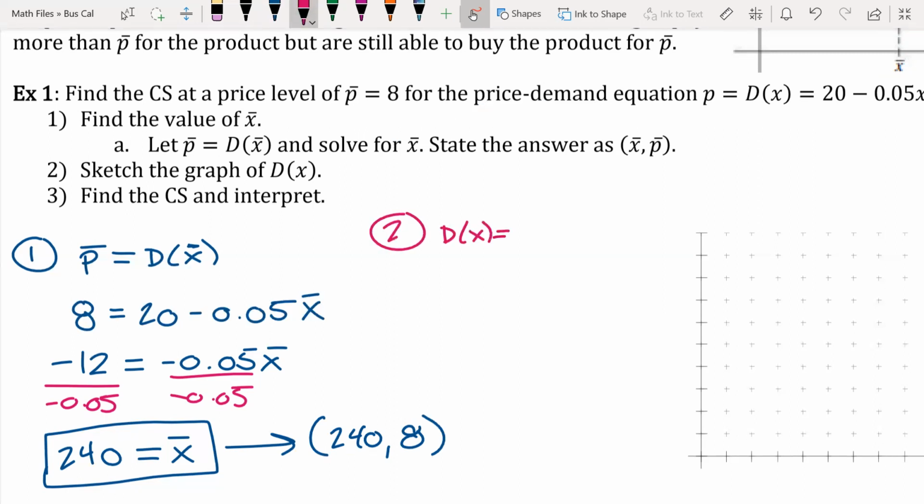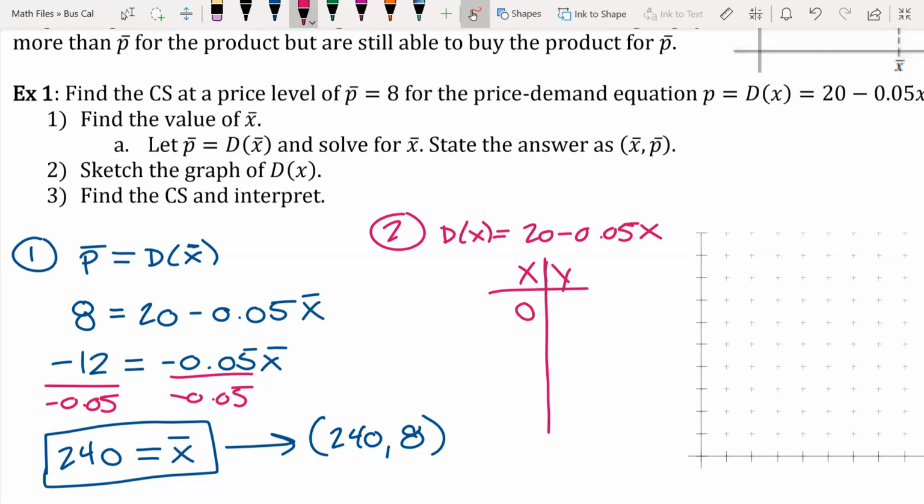If d of x is 20 minus 0.05x, let's go ahead and make an xy chart. If we're thinking in business terms, we're not going to choose anything negative. Let's go ahead and start at 0.